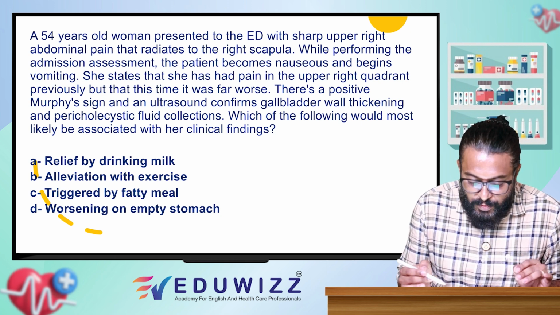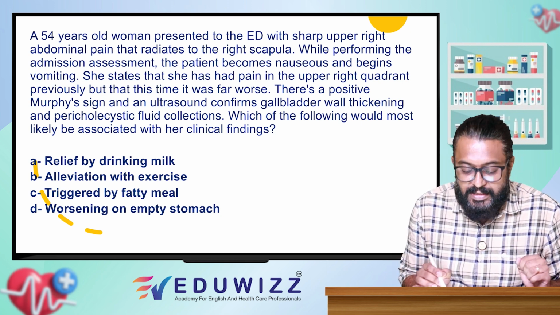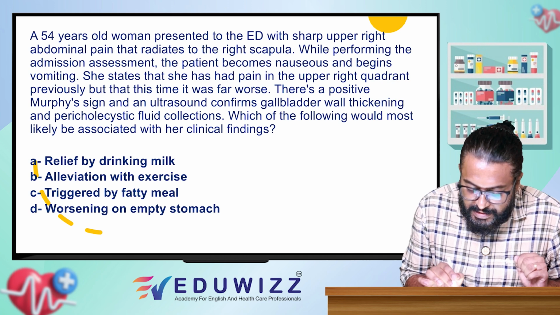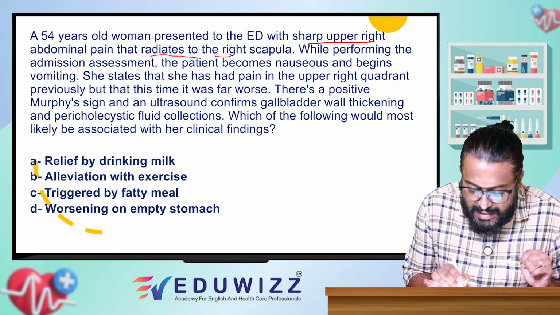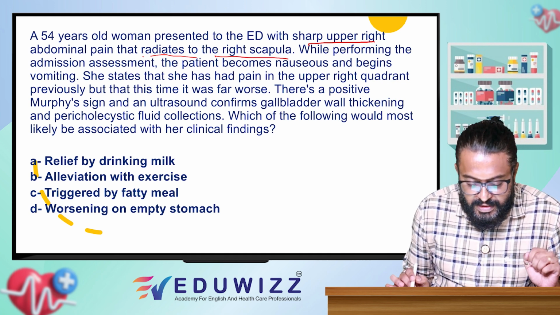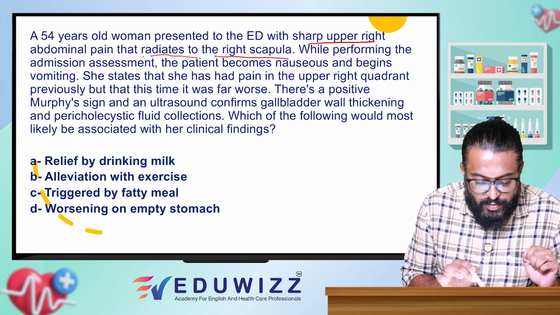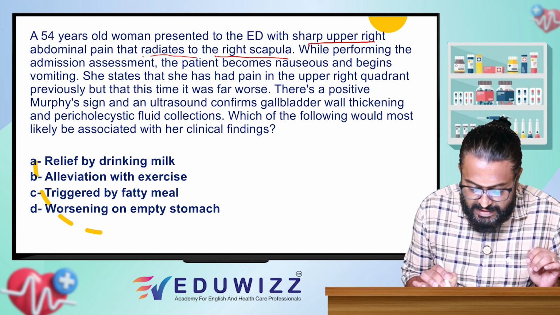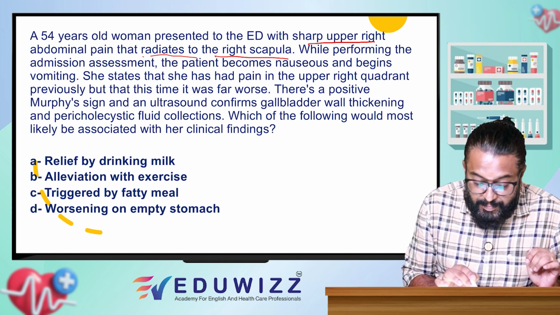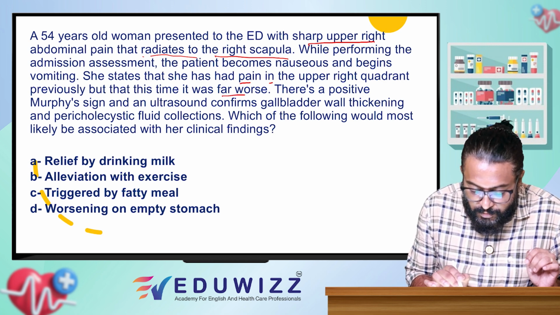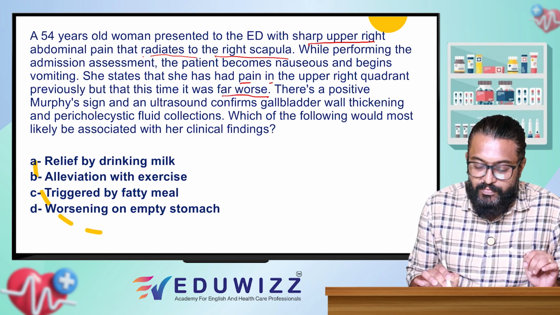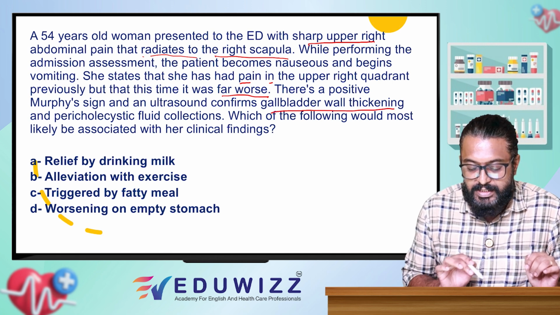You can split the points into different parts. One, you have to watch the clinical features. Sharp upper right abdominal pain radiating to the right scapula indicates a feature of cholecystitis. The patient has nausea and vomiting, which are general GI symptoms. The patient's complaint is that the pain was there, but it is far worse now. By diagnosis, we confirmed gallbladder wall thickening, which is cholecystitis.